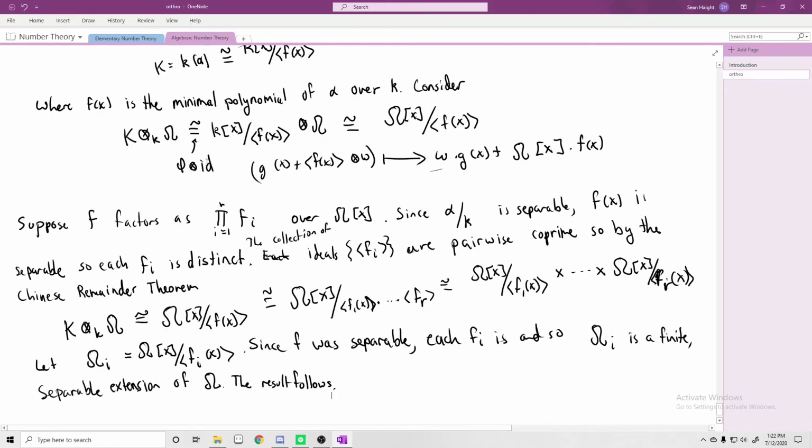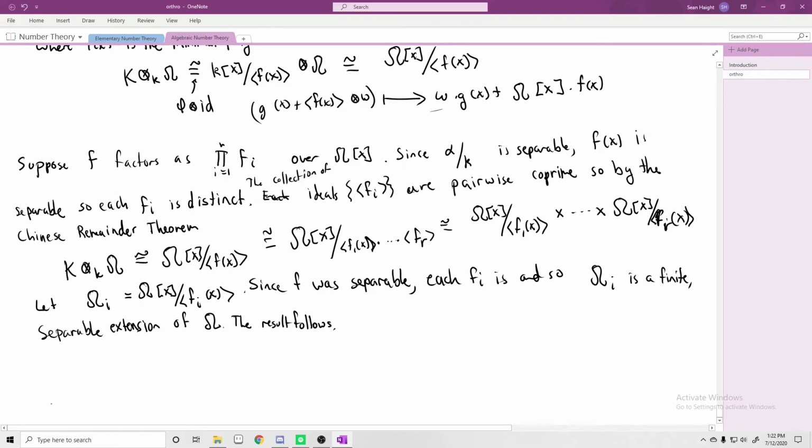If I take my alpha and pass through this isomorphism, essentially my map is going to send alpha to x plus f of x, which is going to map to all these x plus f_i of x, which do in fact generate the extensions omega sub i.